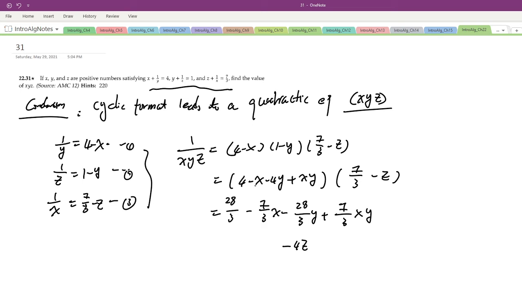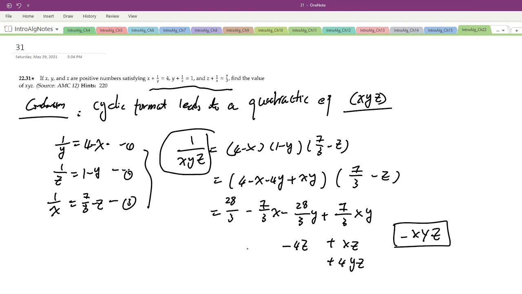And we have plus xz, then plus 4yz, right? And then minus xyz. So you can see we have the xyz and the xyz. Now our focus is to cancel these two sections.